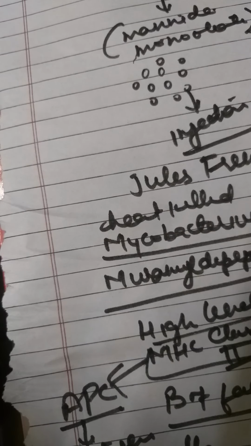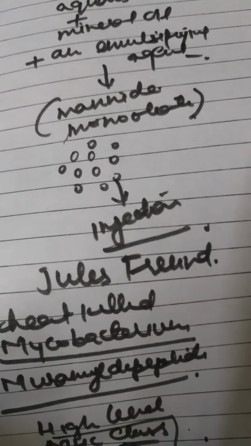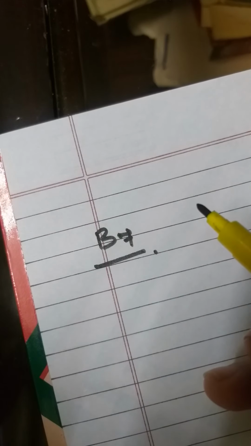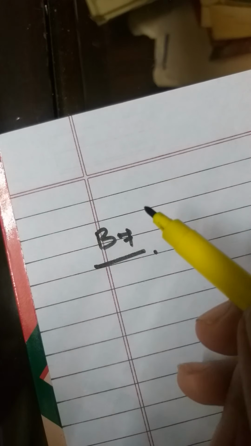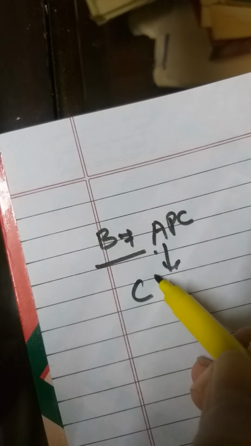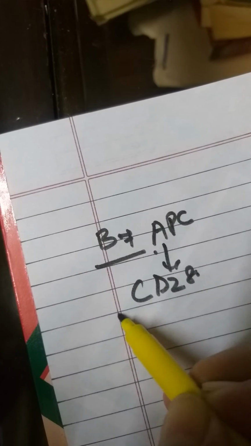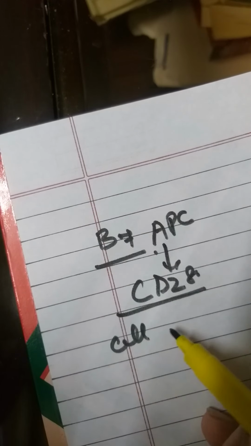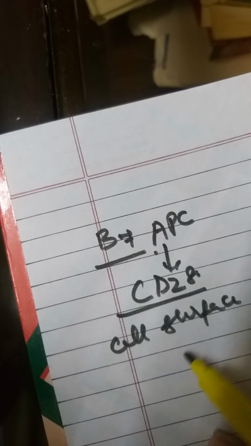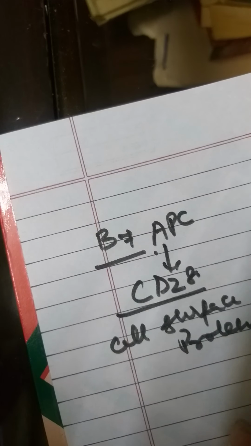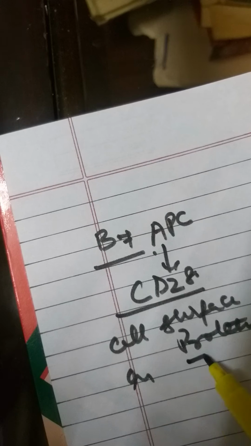The second is that the expression of B7 molecules is also increased. B7 molecules are present on antigen presenting cells, and they bind to CD28, a cell surface protein on TH cells.